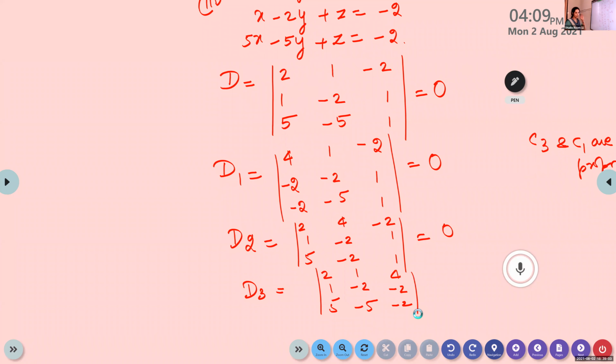Find out the determinant value D3. What about the value of D3? D3 is 80.